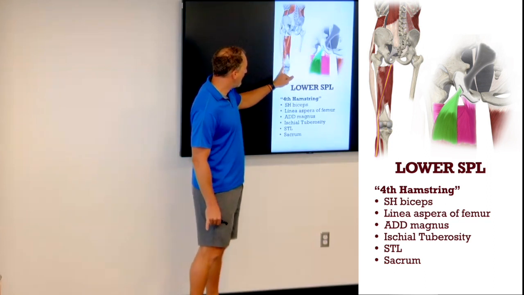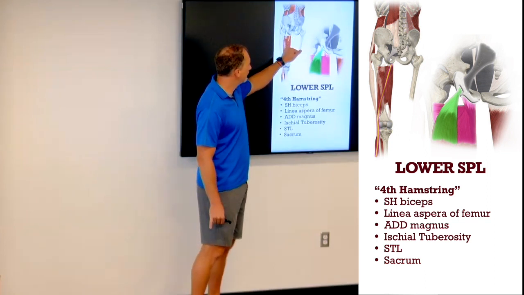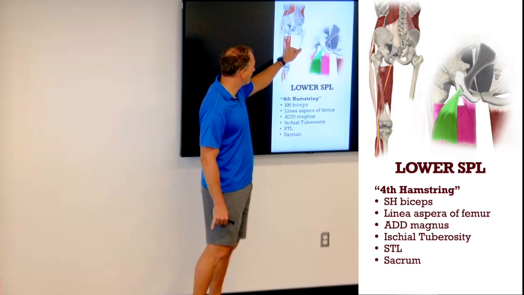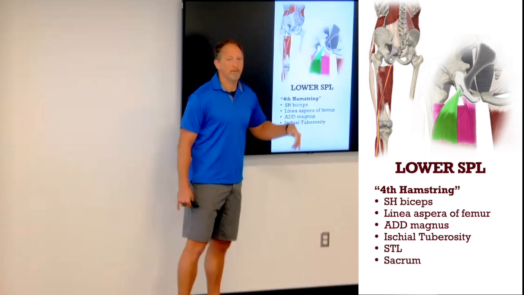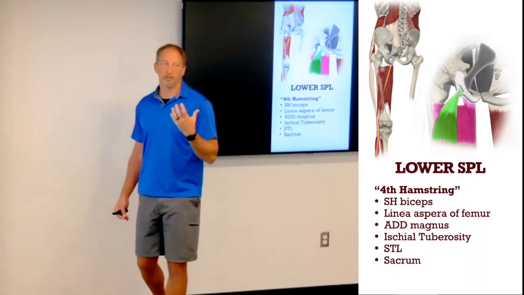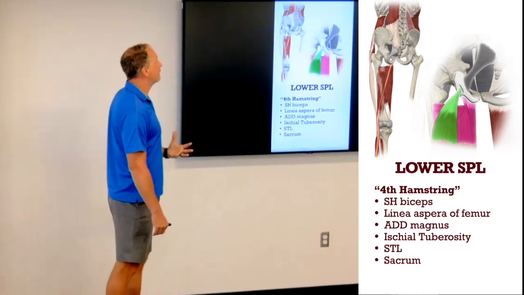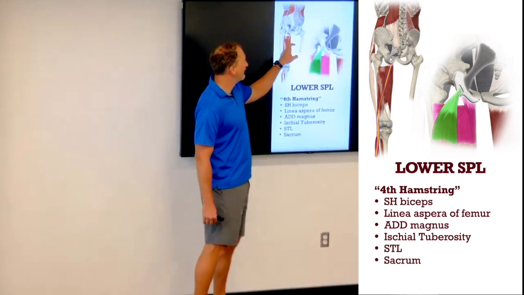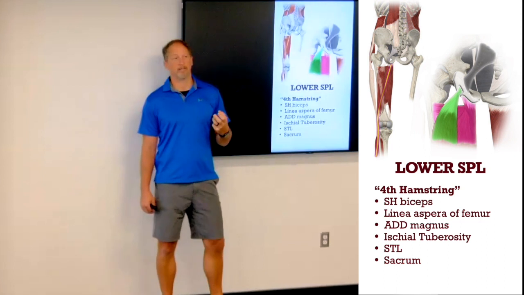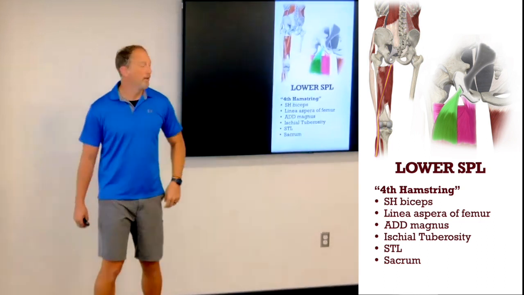But we also have the short head of the biceps, which blends into and transmits force into the adductors, which now takes us more anterior on the ischial tuberosity. So essentially, the ischial tuberosity is extremely important when it comes to the spiral line.